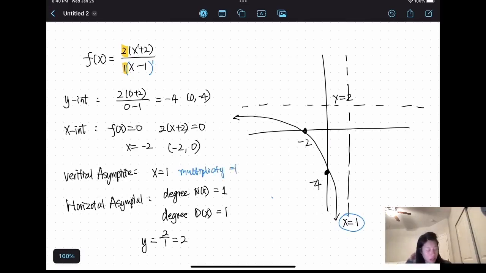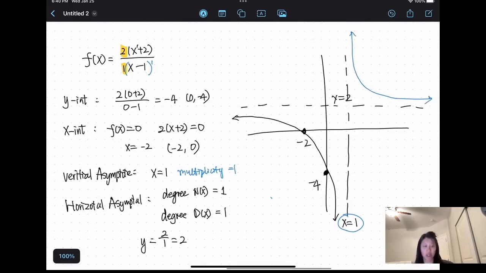So that means this is going to be on the opposite side of the asymptote. So on the left side of the asymptote it is going to be on the bottom, and on the right side of the asymptote, the graph is going to be on the top. It's the opposite because the multiplicity is an odd number.